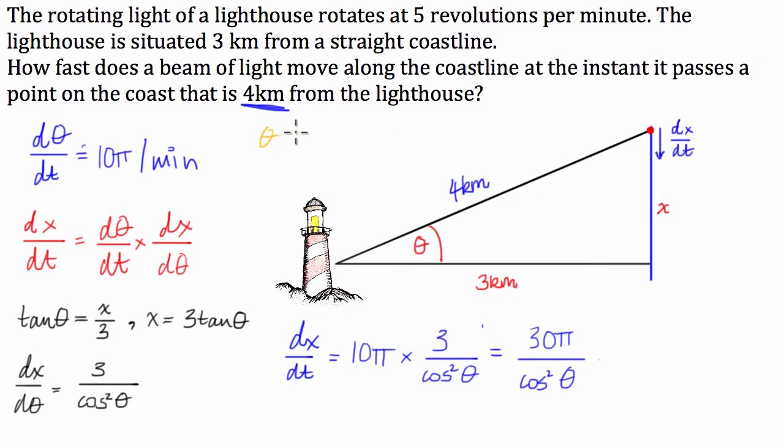Theta is going to be equal to, at this point, the arc cos, or cos to the -1, of adjacent over hypotenuse, which is equal to 0.723 radians.